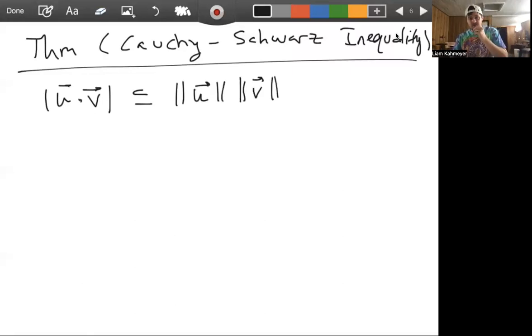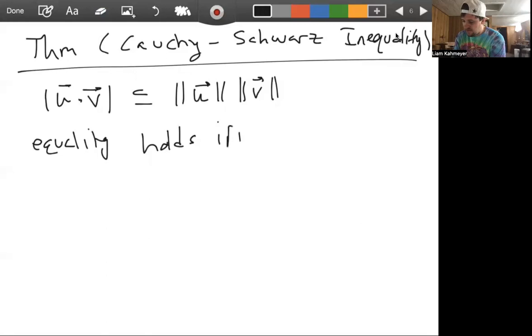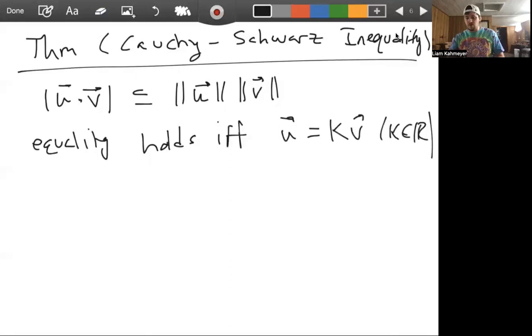Okay, so this gives us another relationship between the dot product and the magnitudes of vectors. And I want to say equality holds if and only if u and v are a scalar multiple of each other. Okay, so you only get equality in this equation here if they're parallel, basically.